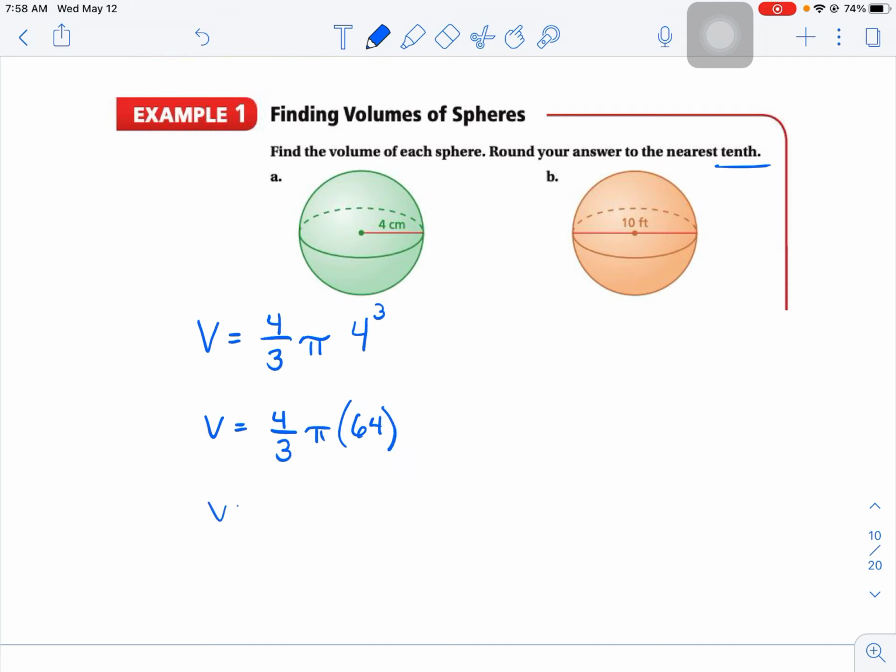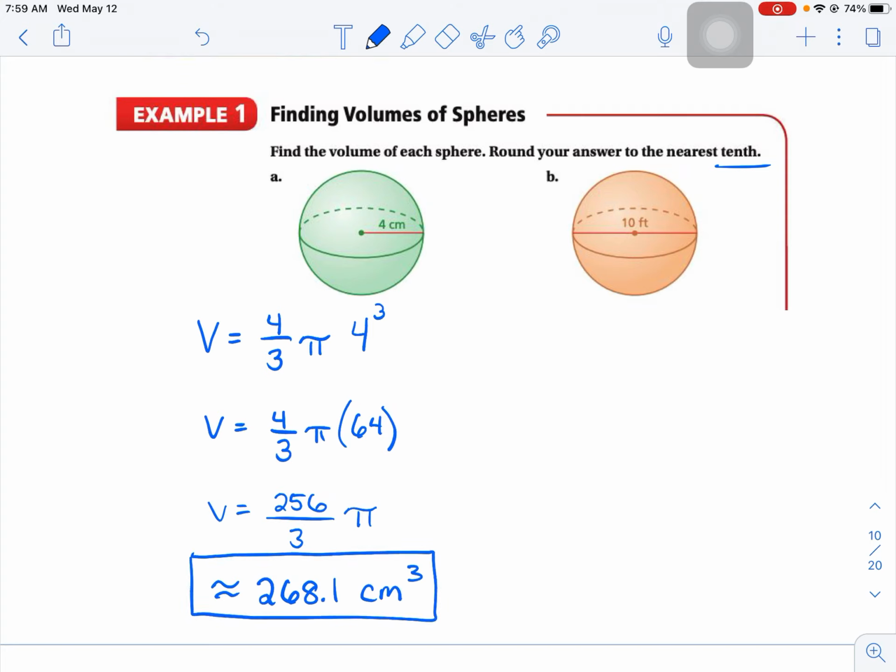That would become 256 over 3 times pi. And that would give me, to the nearest tenth, approximately 268.1 centimeters cubed, because it's volume.